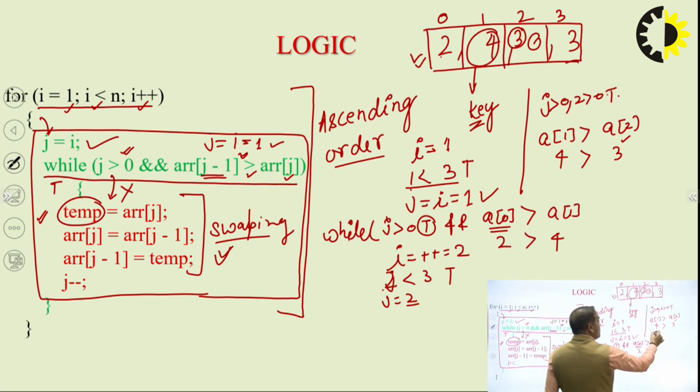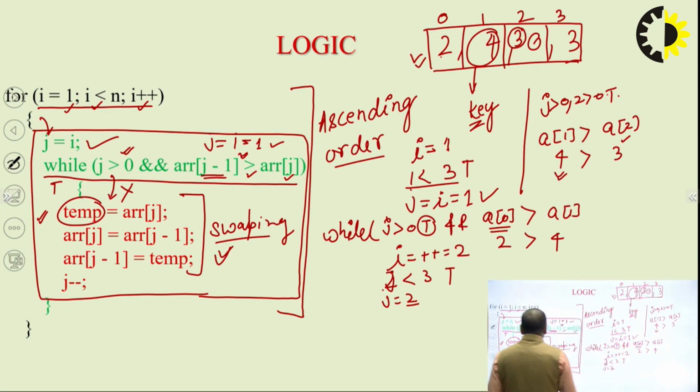Yes, this condition is true. In the condition of true, the pointer enters inside the loop and changes the given values. First assign temp equal to a[j], that means temp holds 3, then a[j] holds 4, then a[j-1] holds 3.